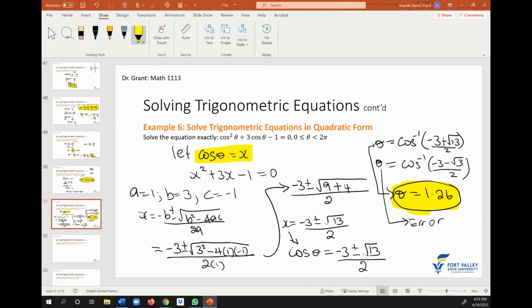So notice again that theta is between 0 and 2 pi. You usually can gauge it and see that there's two solutions when you do your rotation, right?